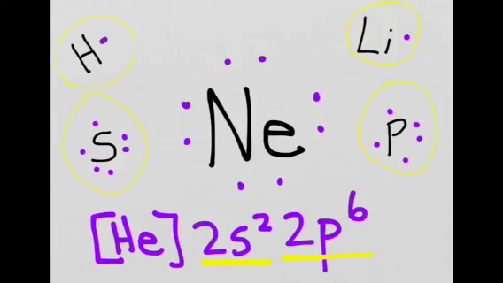Well, all except hydrogen. Hydrogen does not want to attain a full p orbital, so we'll just erase him from the picture right now. But all of these elements would like to attain the feeling of the full orbital.